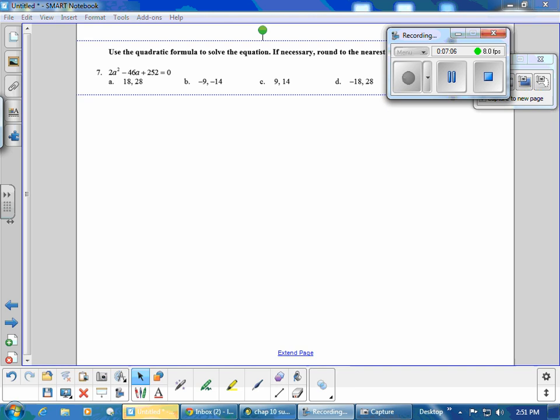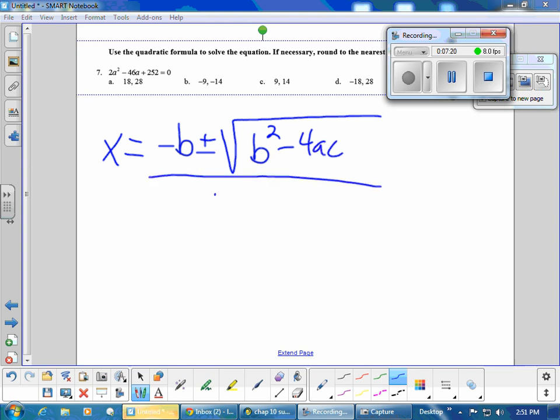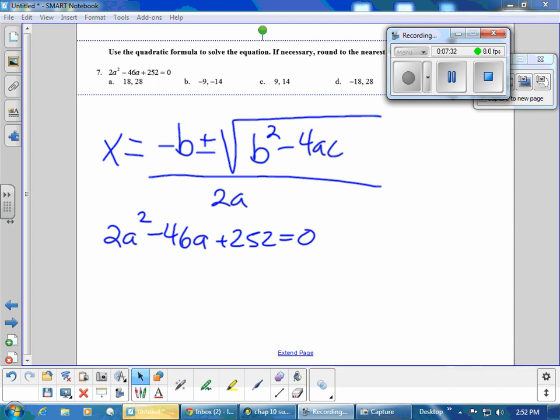Okay, number 7 says solve using the quadratic formula. You will have to memorize the quadratic formula: x equals negative b plus or minus the square root of b squared minus 4ac, and the whole thing over 2a. For number 7, if we look at 2a squared minus 46a plus 252 equals 0, we have to identify a, b, and c.